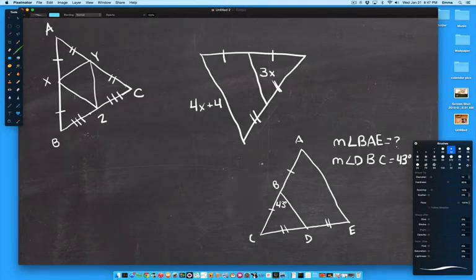The last thing that we're going to learn about today is the midsegments of a triangle. A midsegment of a triangle is a segment that joins the midpoints of two sides of the triangle. So as you can see in this diagram, segment XY joins the midpoints of segment AB and segment AC. A triangle has 3 midsegments, and together they form the midsegment triangle.